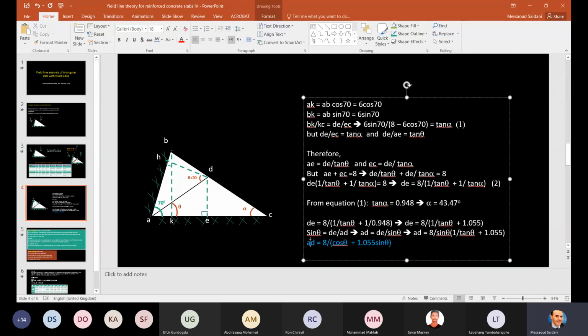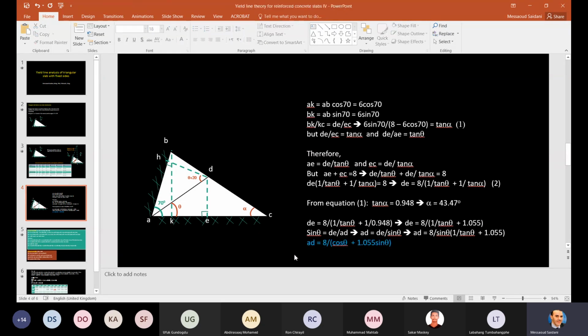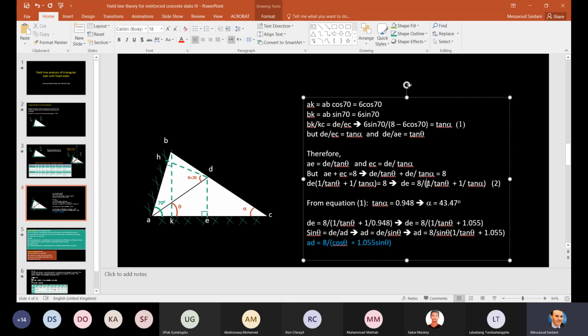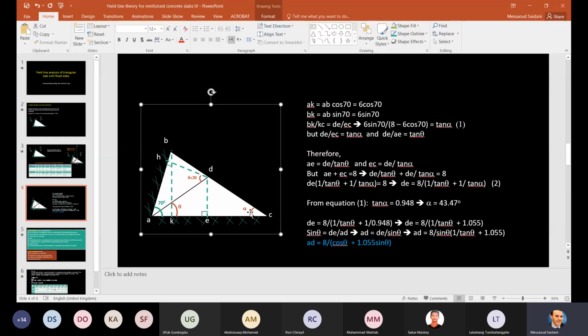At the end, it gives you a relationship between AD and theta as this. Because effectively what I've done here is I've determined the angle alpha here. We know this is 70. We know this is 6 meters. This is 8 meters. So I've got the value for alpha.